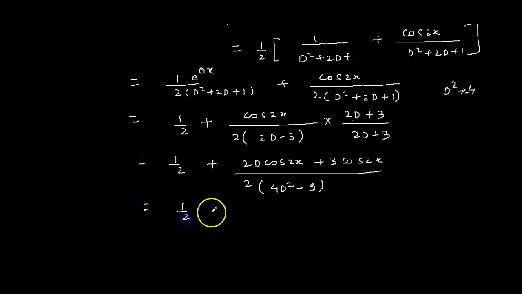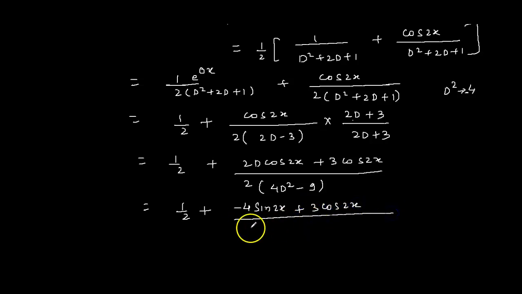So 1 by 2 plus D into something means differentiation, so this one you differentiate. Cos 2x differentiation is minus 2 sin 2x. So minus 4 sin 2x plus 3 cos 2x as it is, divided by 2 into D square replaced with minus 4. So it becomes minus 16 minus 9, minus 25.